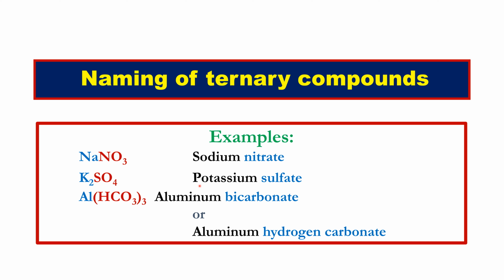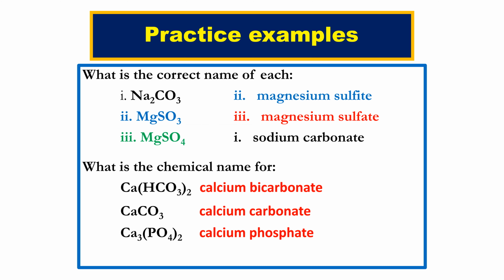K2SO4, you name potassium first, which is the metal. The remaining parts, which are all non-metals, you name them as a polyatomic ion. So the name is potassium sulfate. The same thing is applicable for this compound as well. Right, let's look at some practice examples. What is the correct name of each? Na2CO3. The correct name is sodium carbonate.